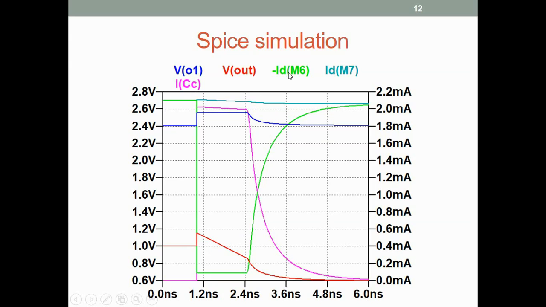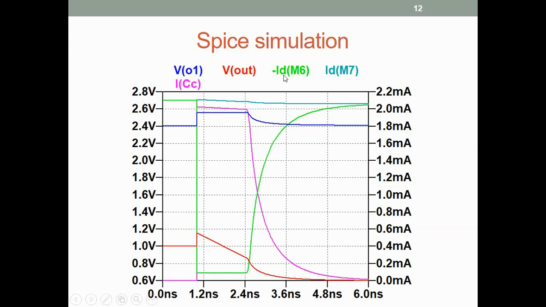So ID6 and ID7 both were here, slightly greater than 2 milliamps. At the point of switching, ID6 suddenly goes to 0. ID7 continues to carry its current, and that current is flowing through the capacitor, there is a slight difference in this current.